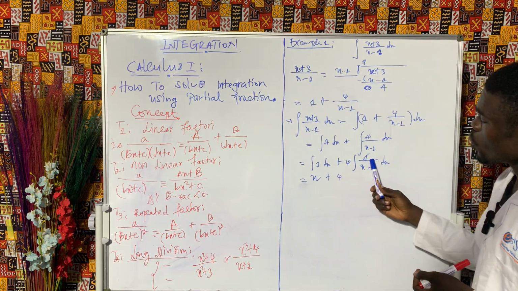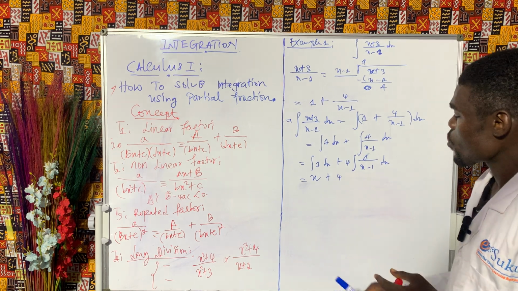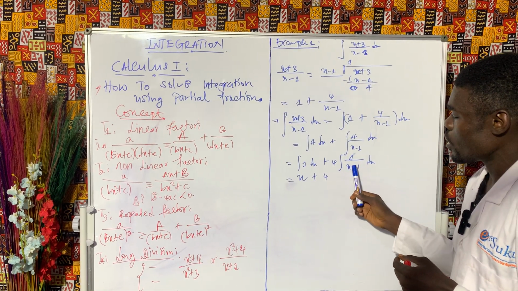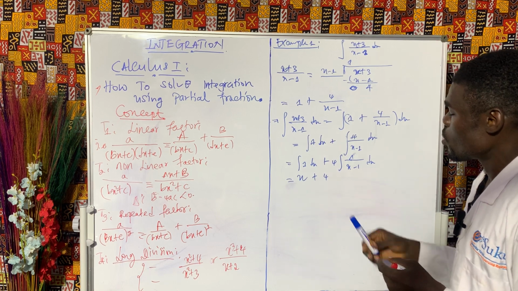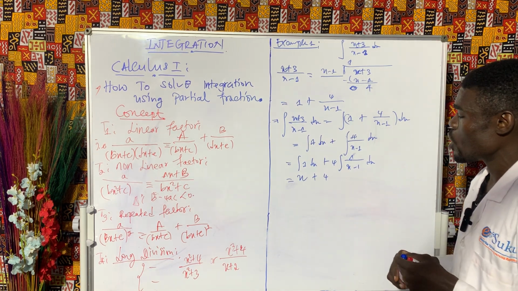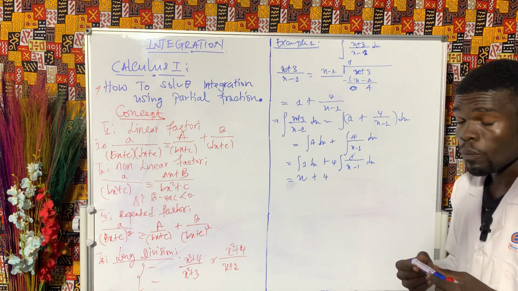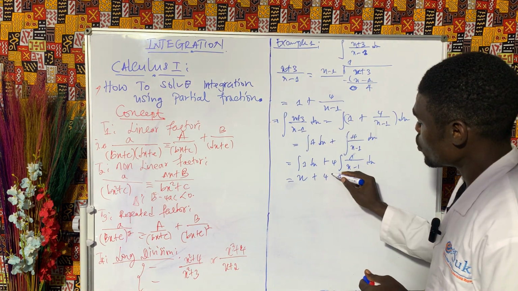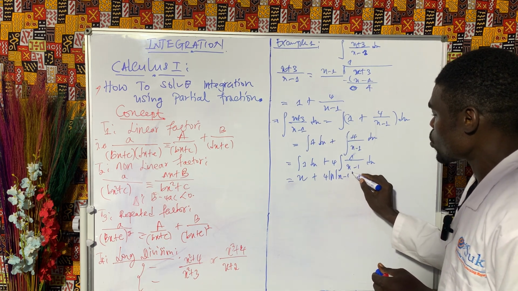So all we need to do is differentiate the denominator. Differentiating x, we have 1. Differentiating 1, we have 0. You see that the 1 at the top is exactly the derivative of the bottom. So our expression will be 4 ln absolute value of x minus 1.